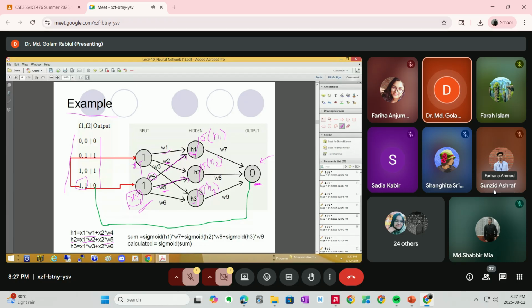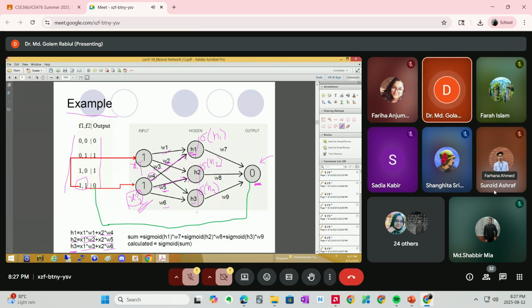Then for H3, it is X1 times W3 and X2 times W6. We got H3. So H1, H2, and H3 are our hidden layer sums.